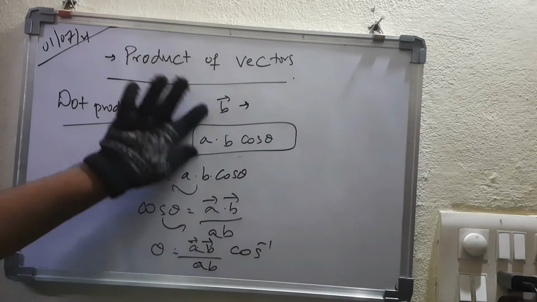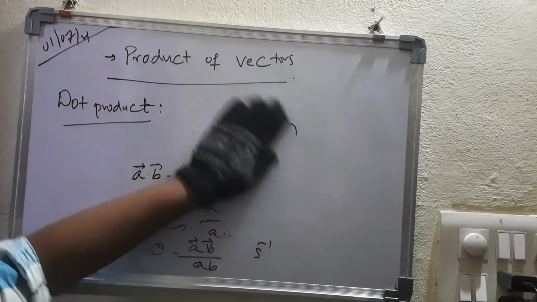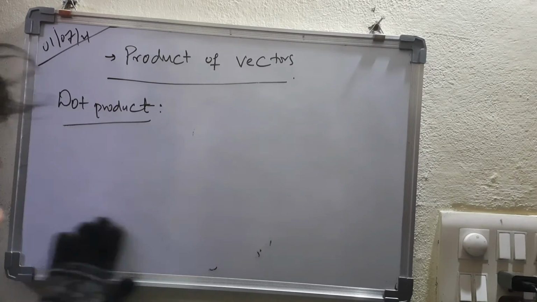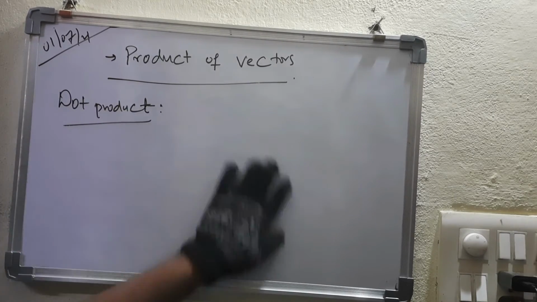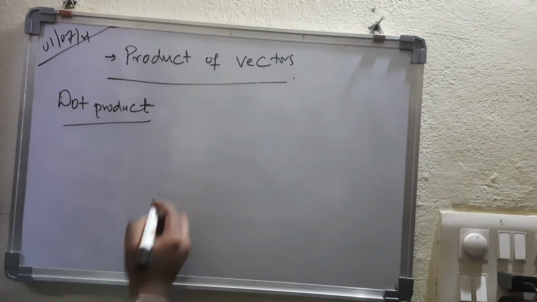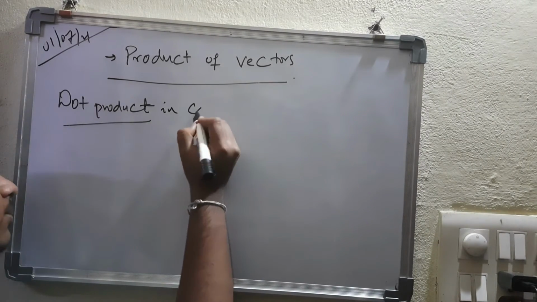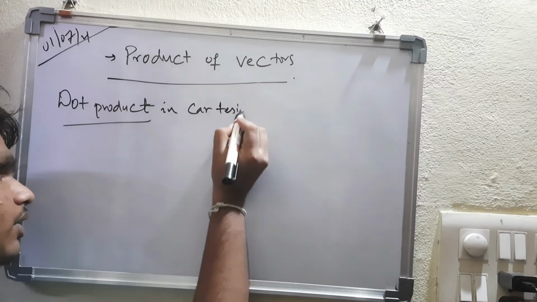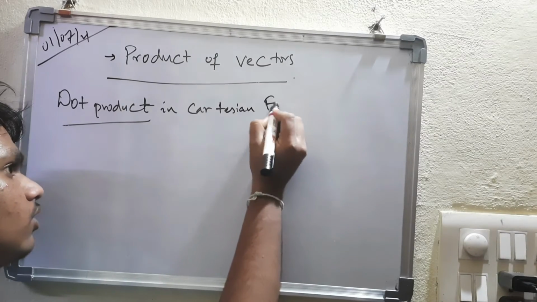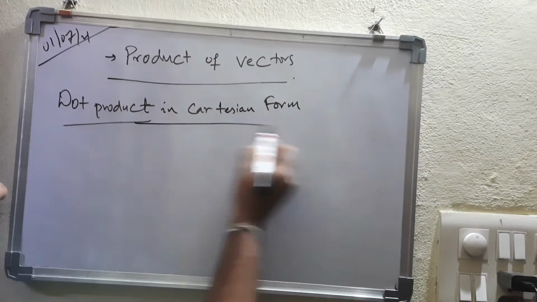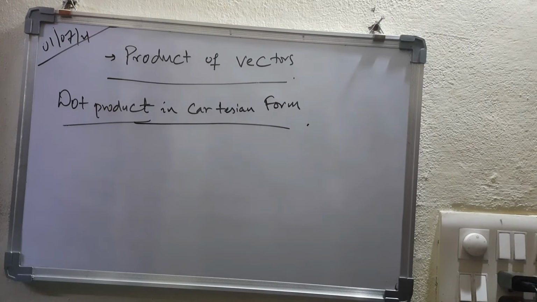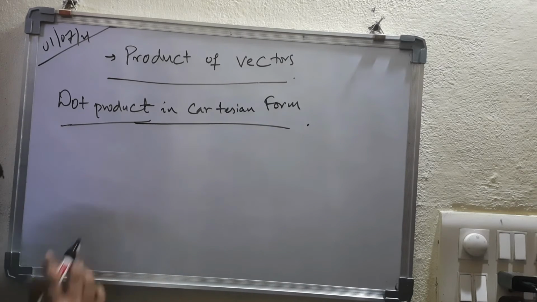Now we'll discuss the dot product of vectors in Cartesian form. Just now we discussed i, j cap, that one. Dot product of vectors in Cartesian form.